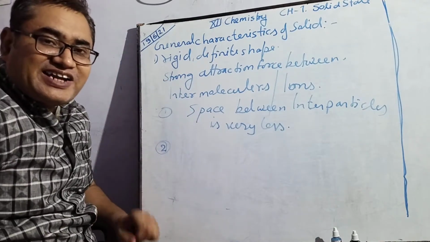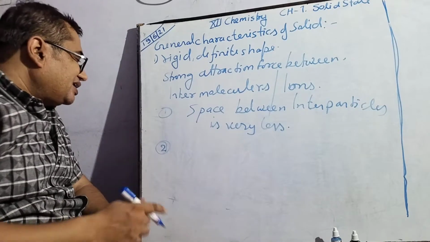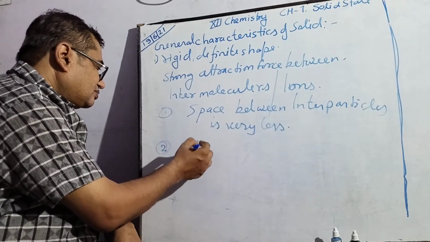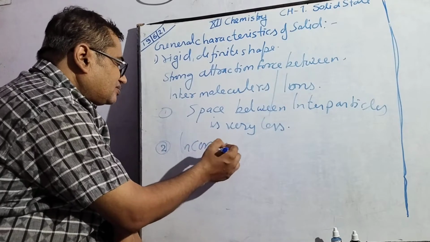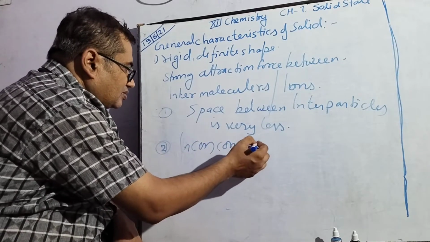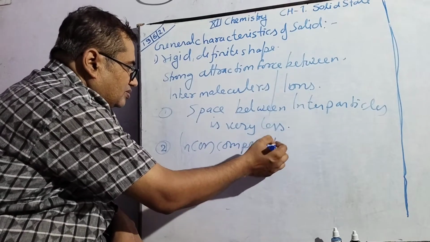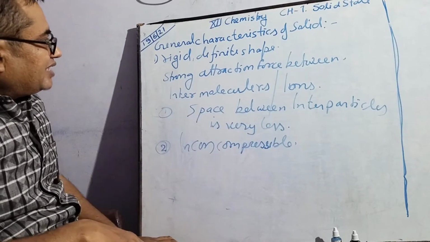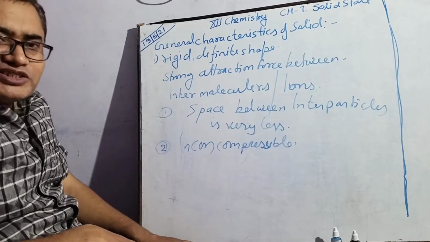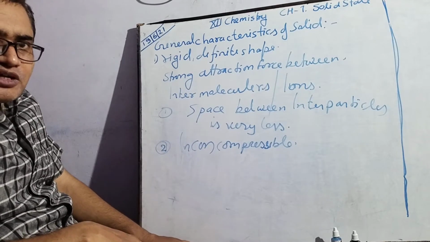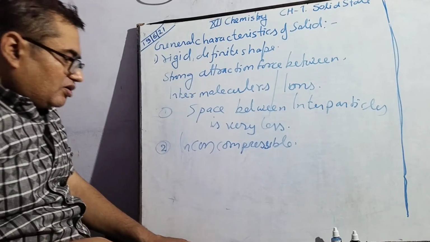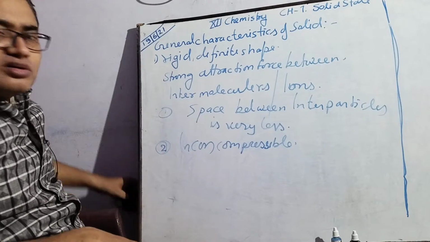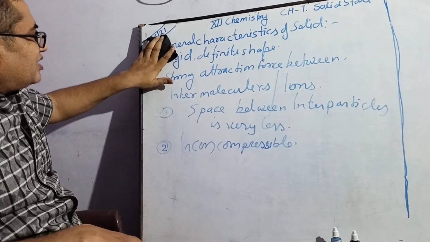They have a high density. Solids are incompressible. That's why we can say that solids are rigid, having a definite shape.